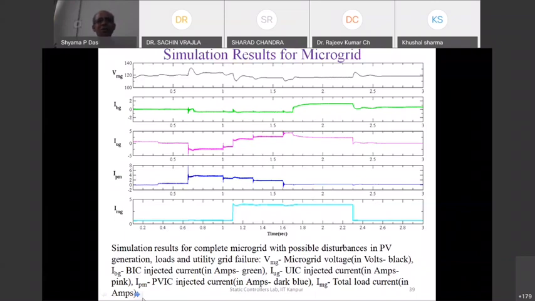Now let's see the situation here. The microgrid was initially stable at 120 volts. Now let us say near about 0.65, the load is still low.